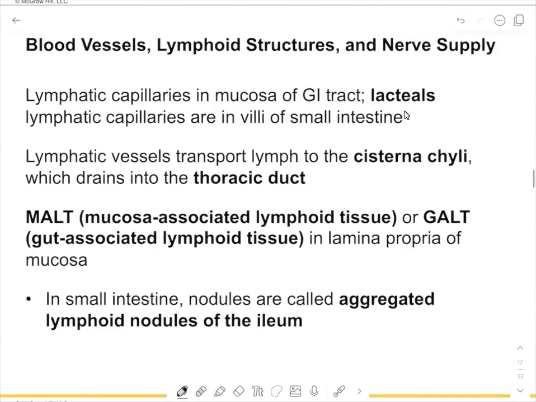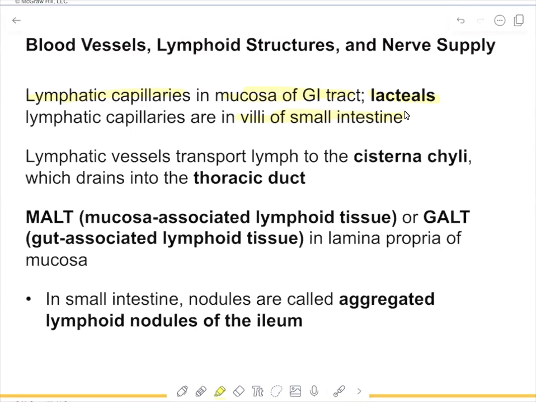Our next slide is showing us some of the lymphatic capillaries that are going to be associated with the mucosa of the GI tract. Remember, they are called lacteals, which are sort of modified lymphatic capillaries, and they are found in the villi of the small intestine. Villi kind of look like curved structures that are extensions of the simple columnar epithelium.